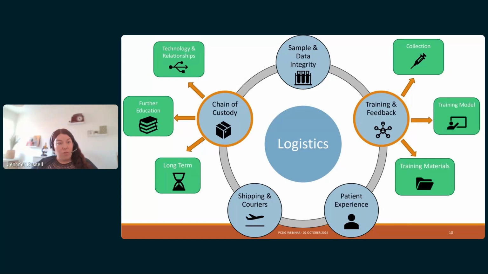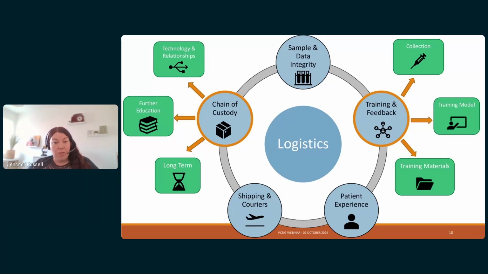And then if we move on to some of the solutions for around the training and feedback, we recommend for collections that all patients have their first collection with any patient sampling device at the site. This would allow them to overcome any anxieties that they might feel around the collection, processing and shipping, whilst having access to the study nurse and support in real time.